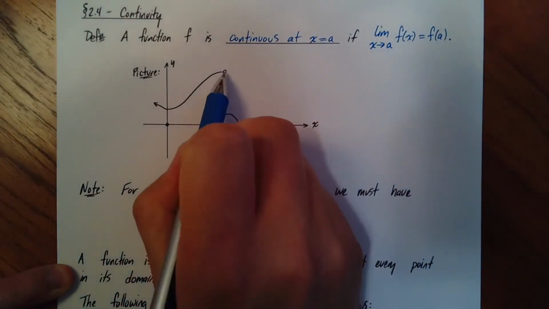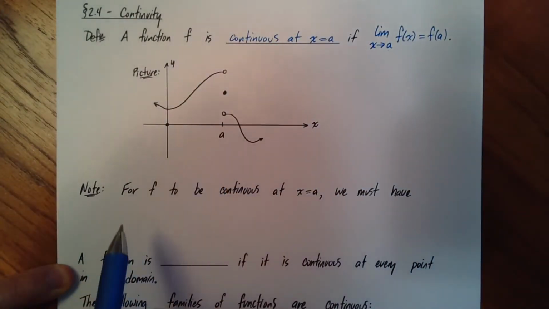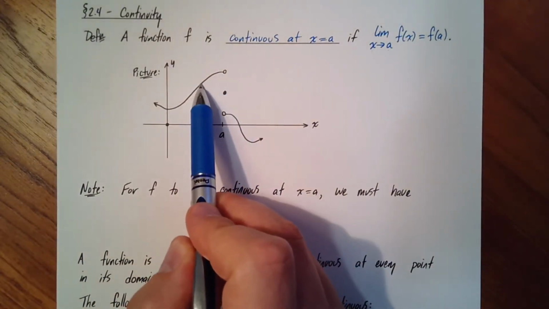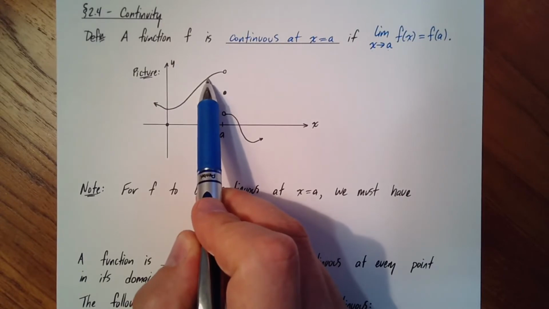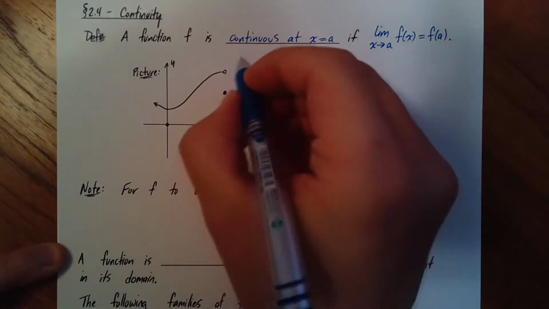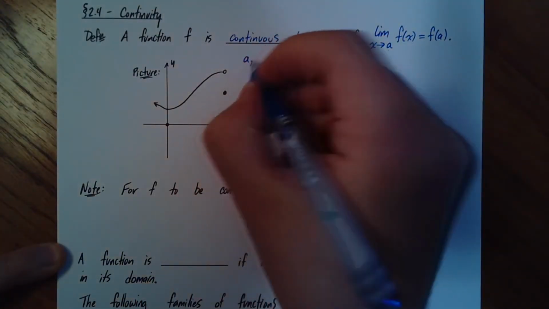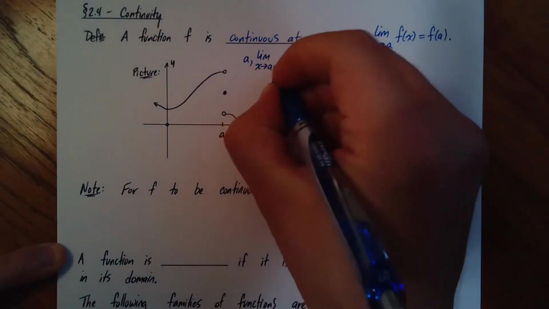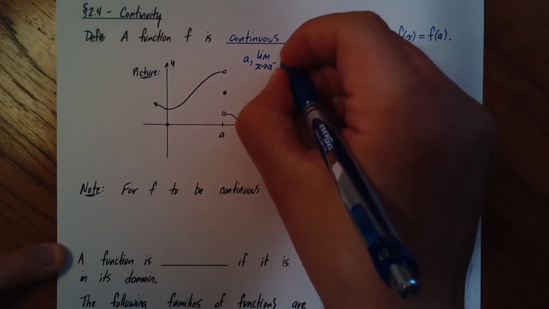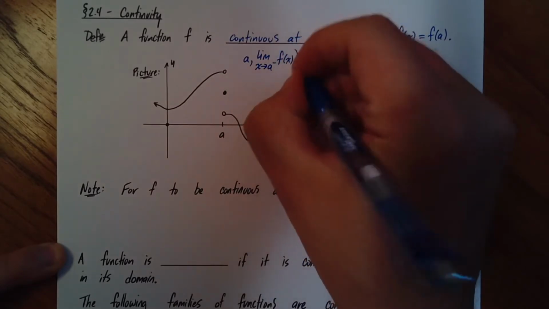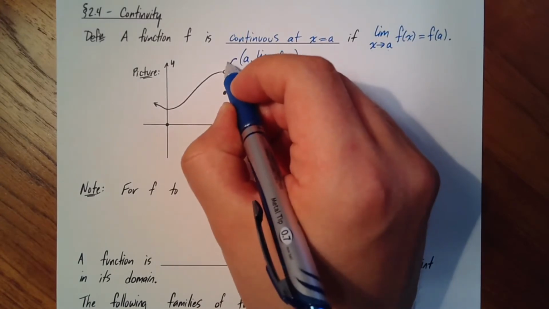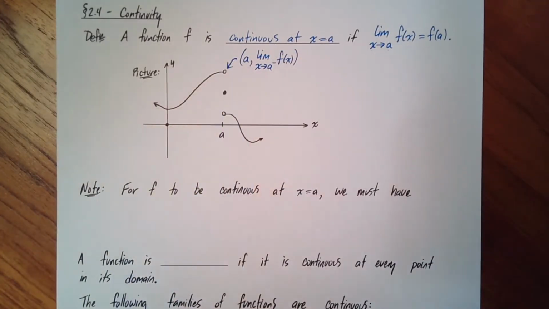So for this point up here, the x coordinate is a, and what's the y value of this coordinate? Well, it's whatever the y values of these points on the graph are approaching. So this point is a, and then the limit as x approaches a from the left of f of x. That is this point written in terms of its two coordinates.